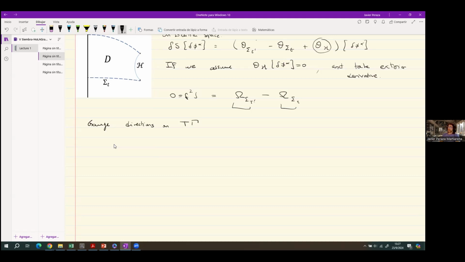So let G, call it like this, be the set of vectors satisfying the following. So gamma on some hypersurface sigma.